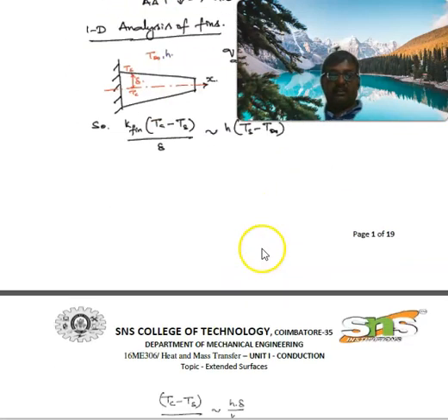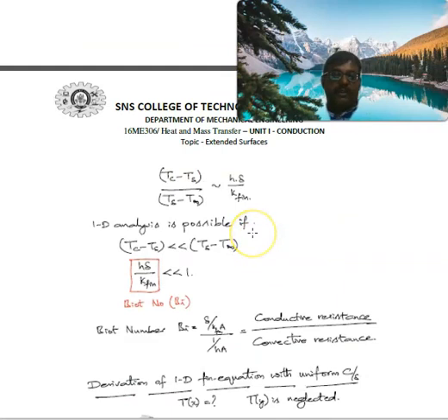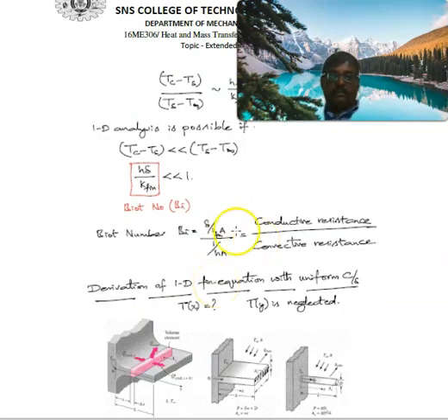Coming to that equation, (Tc minus Ts) over (Ts minus T infinity) is h delta divided by k fin, the thermal conductivity of the fin. One-dimensional analysis is possible if Tc minus Ts is less than Ts minus T infinity, so h delta over k fin is always less than 1 based on the Biot number. The Biot number is the ratio of conductive resistance to convective resistance, delta over kA by 1 over hA.